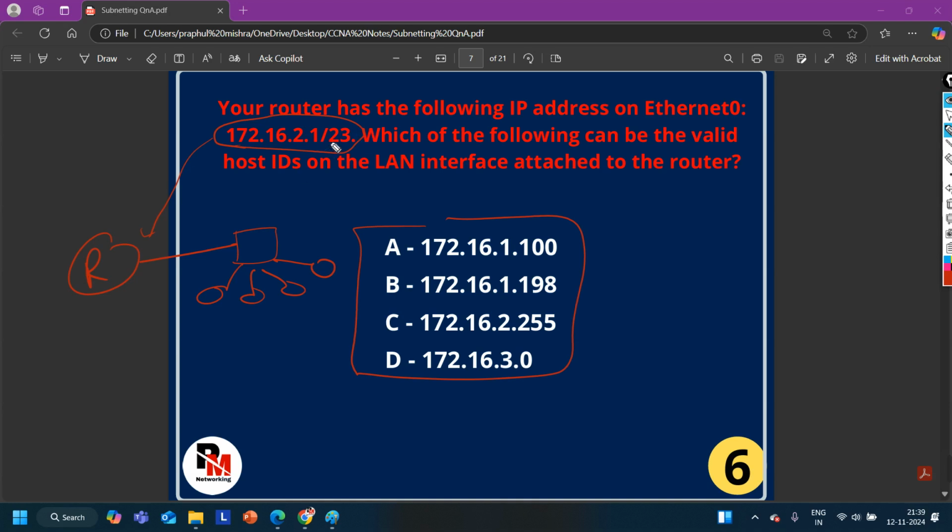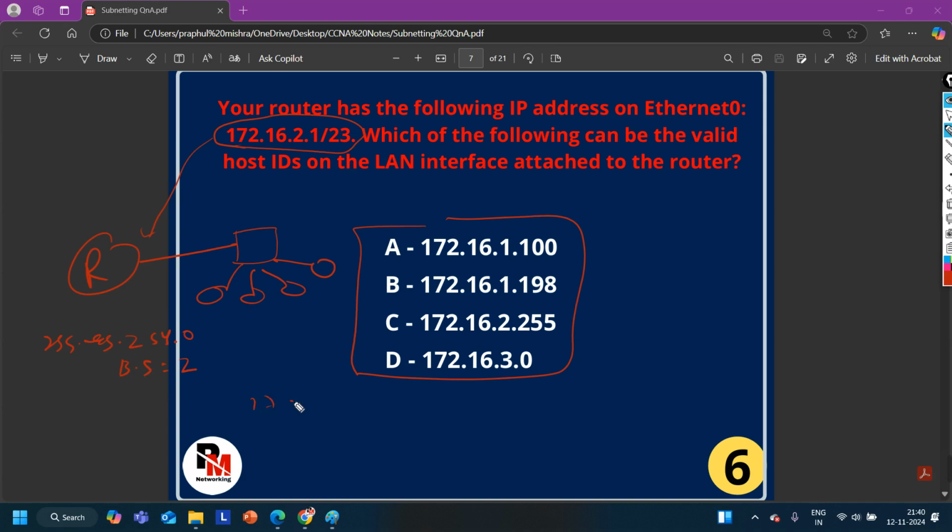Again you need to find the network ID. See how many bits I have borrowed here? 7 bits, right? My subnet mask is going to be 255.255.254.0, means block size is going to be 2, right?